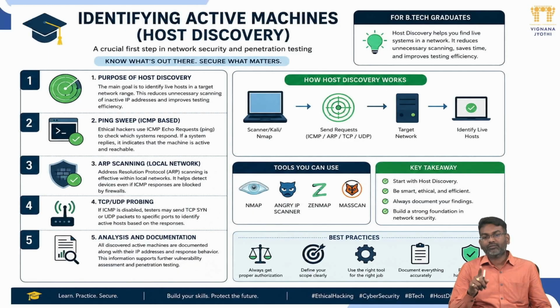For that, we'll send multiple requests. It may be using the ICMP protocol, ARP, TCP, UDP, any of these. Pumping the request, we'll get the reply. If I am not getting the reply within the maximum transmission delay, we will think that the systems are inactive, and thereby identify the live hosts.